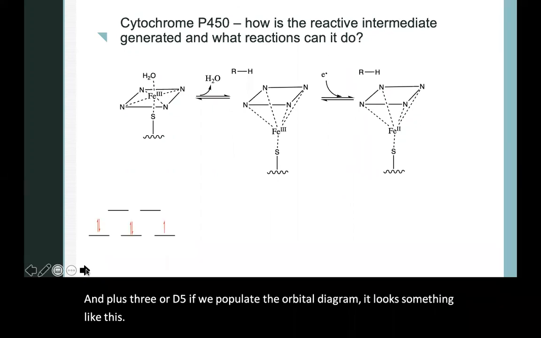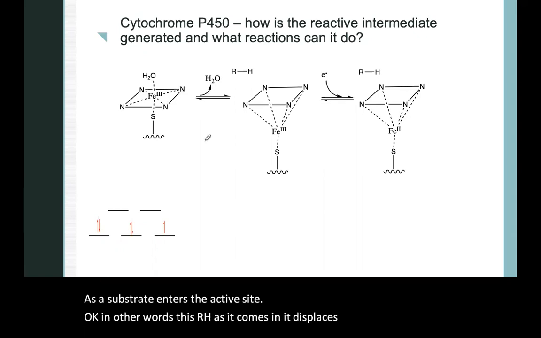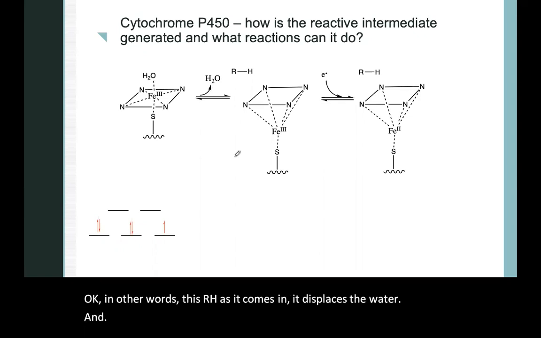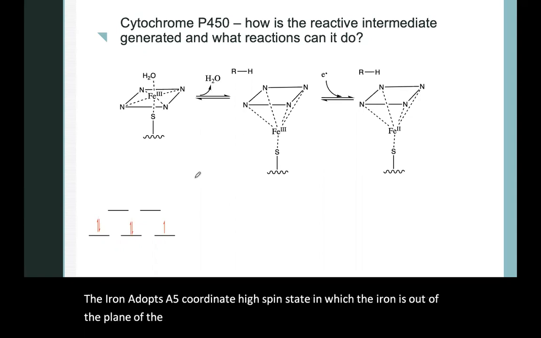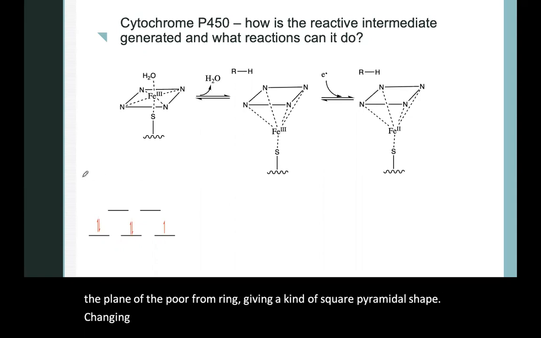As the substrate enters the active site, in other words, this RH, as it comes in, it displaces the water, and the iron adopts a 5-coordinate high spin state in which the iron is out of the plane of the porphyrin ring, giving a kind of square pyramidal shape, changing from low spin to high spin. So let's see what that looks like.